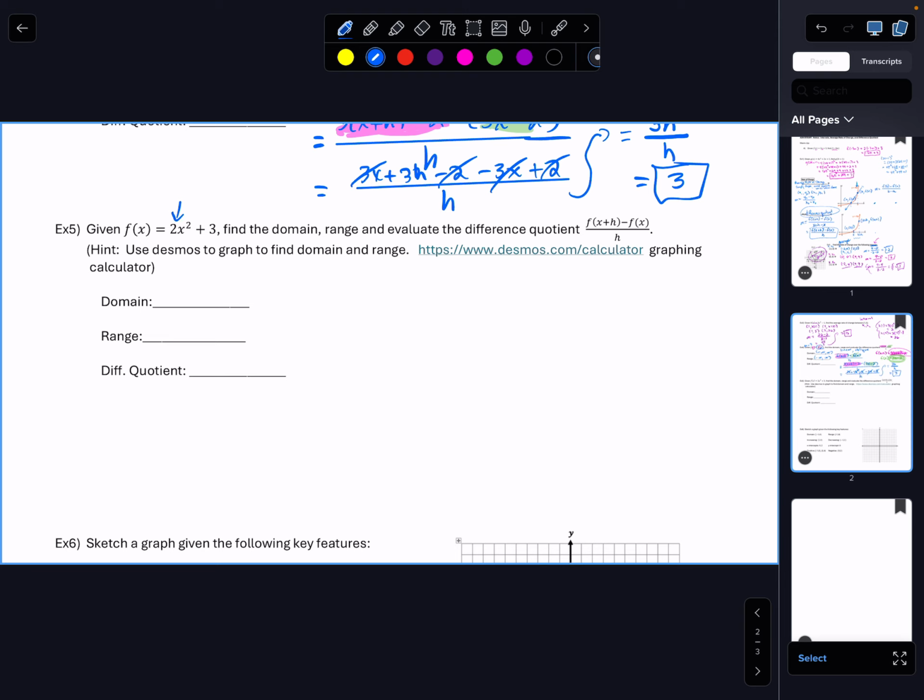The 2 being positive means it opens up. There's no x term, so this plus 3 just has it shift up 3. And so the graph of this is going to go 1, 2, 3. That's going to be the lowest point, and it's going to be a parabola opening up. Since there's no x term, it hasn't shifted right or left any.